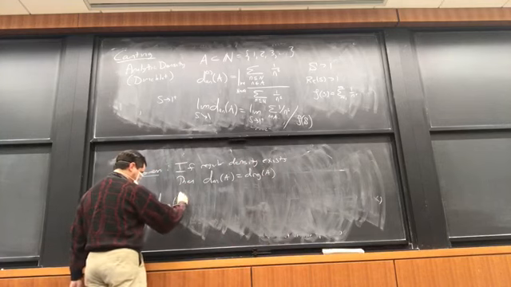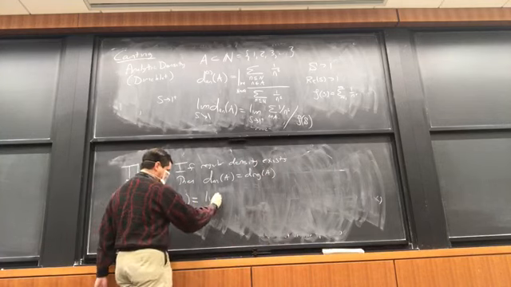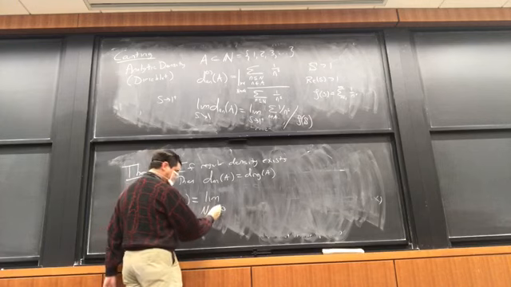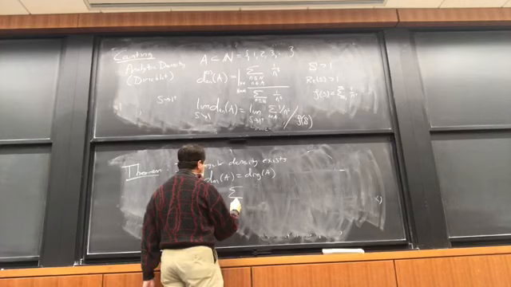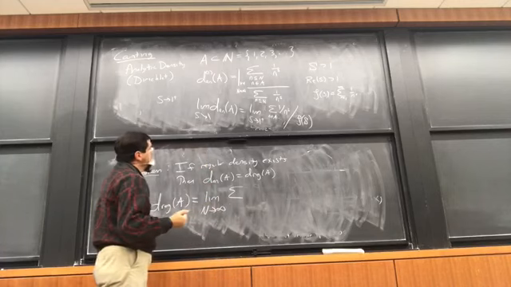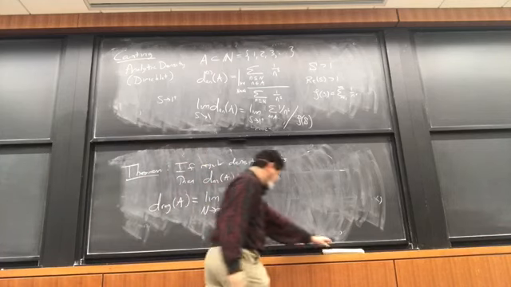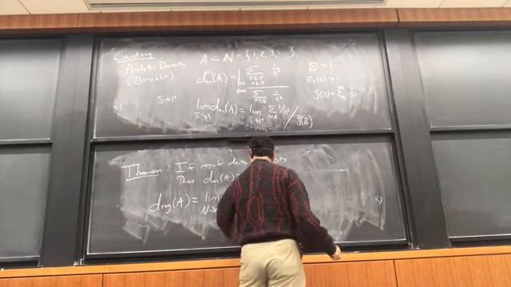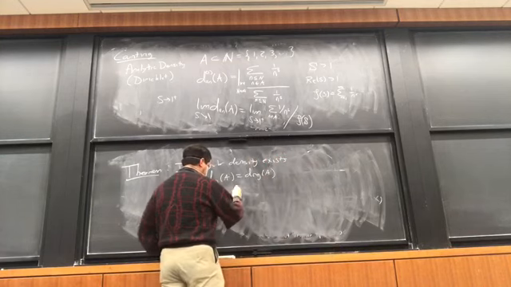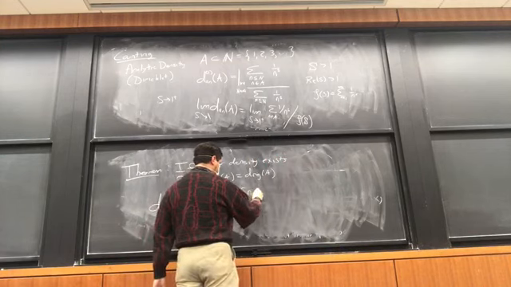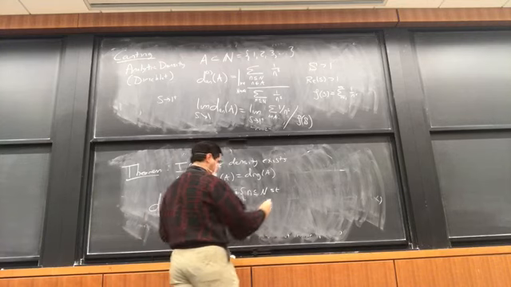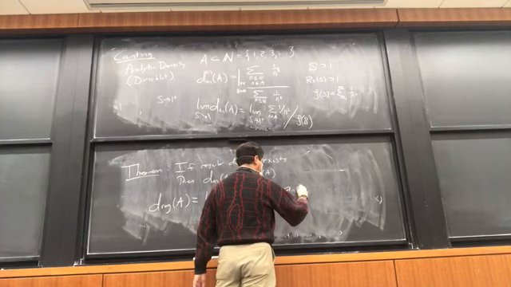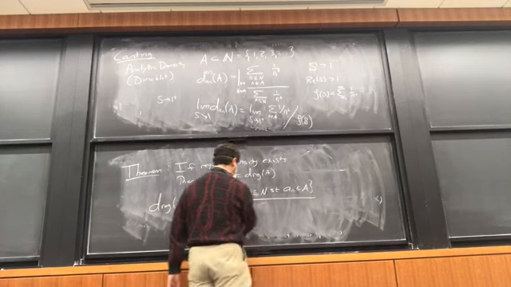So d regular of A would be the limit as N goes to infinity of, probably just do it as cardinalities, the number of n less than or equal to N such that a sub n is in A, divided by N.